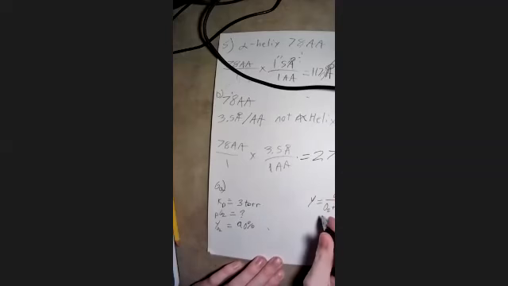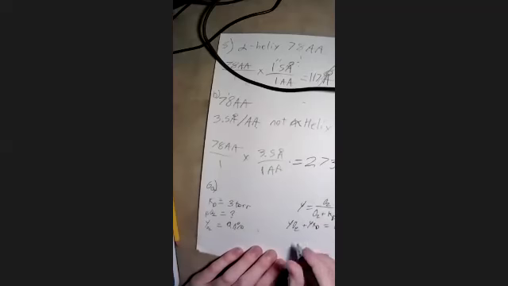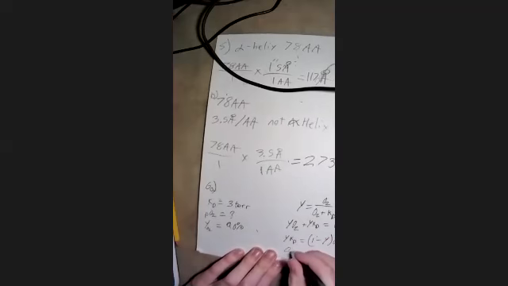So we can rearrange this: O2 plus y KD is equal to O2, and then we subtract that, and we get y KD is equal to 1 minus y O2.